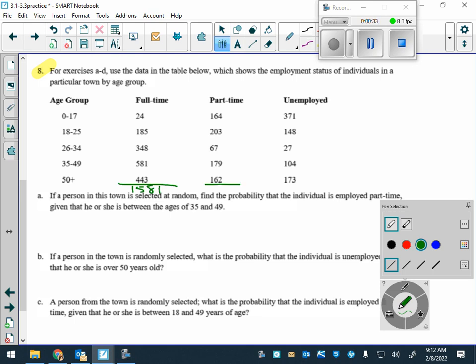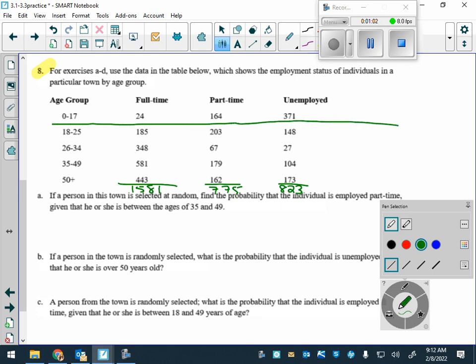Perfect. Okay, how about part-time? Go ahead, Catherine. 775. And then unemployed. Go ahead. 823. Okay, so you want to do the totals even though you may not use them. Okay, it is good to know because you never know what the question is going to ask.